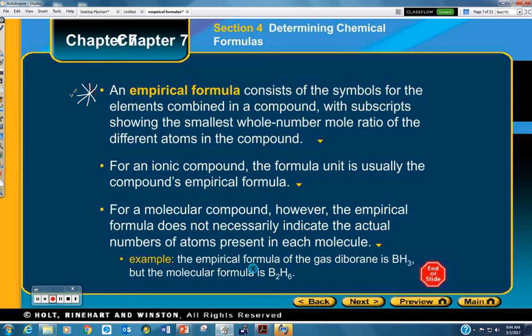An empirical formula consists of symbols for the elements combined in a compound with subscripts showing the smallest whole number ratio. So it is a chemical formula that shows the smallest whole number ratio of the different atoms in the compound.